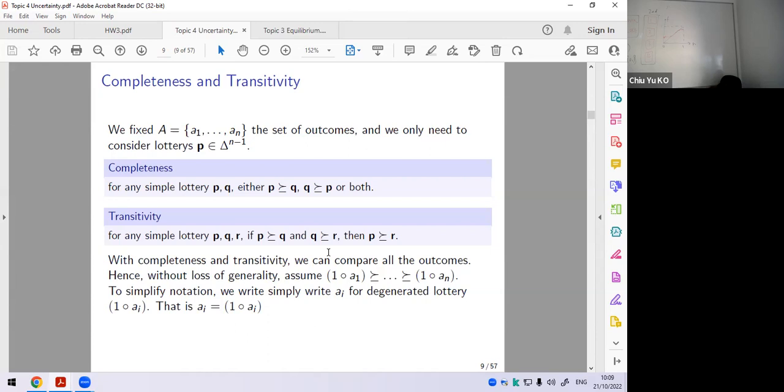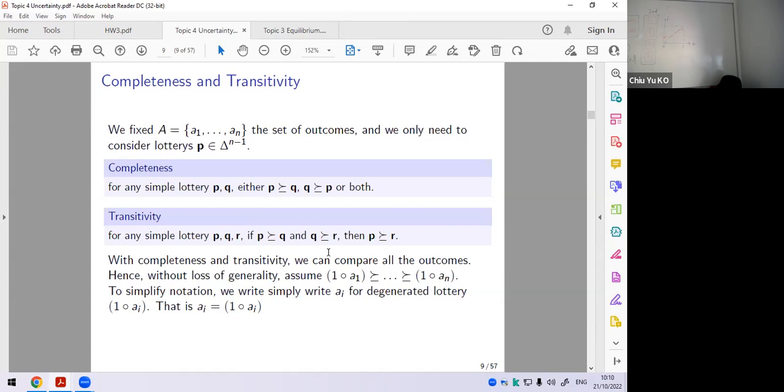You can tell me which one you like better, or that they're the same, meaning you're indifferent, or that one is better than the other. That is the first axiom, and I think that should be fine. You can always do a comparison. I only require pairwise comparison. I give you two things, you can compare. I don't need to ask whether you can compare three things. Just any two, you can compare.